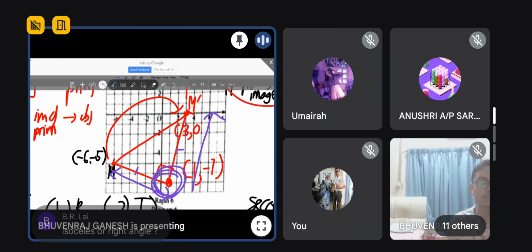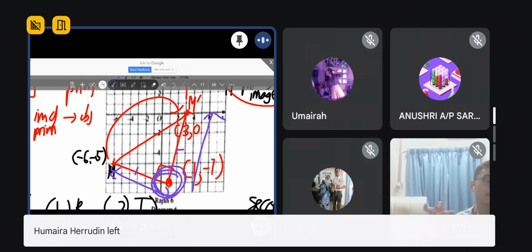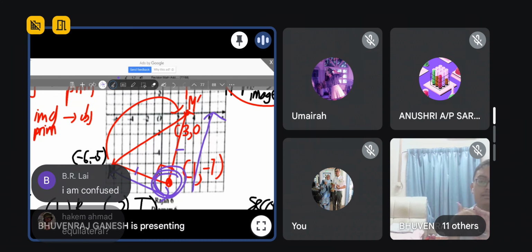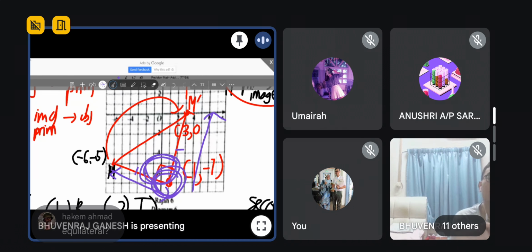Yes, isosceles triangle. Actually it is an isosceles plus a right angle triangle. Not equilateral. There is 90 degrees here, Hakim. 90 degrees is a right angle, so it cannot be equilateral. Two sides are the same only. Both can.